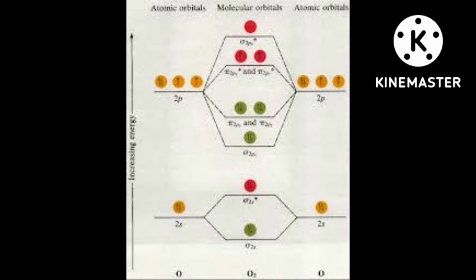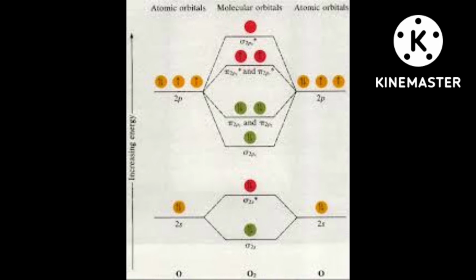For example, the 2px orbital of one atom can combine with the 2px orbital of another atom, but not with 2py or 2pz, because of their different symmetries.